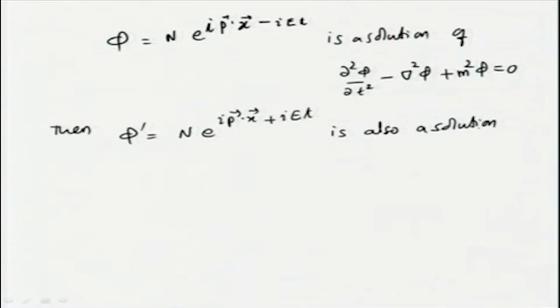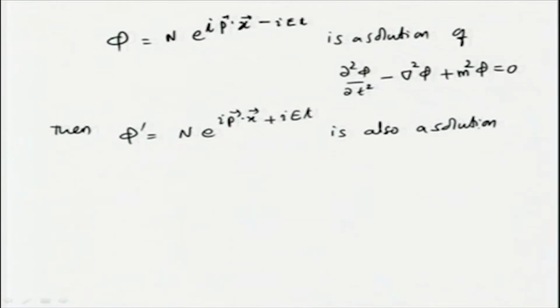That is because the Klein-Gordon equation is a quadratic equation; second order derivatives are coming in. Therefore, (i e)² and (−i e)² both will give you the same −E².